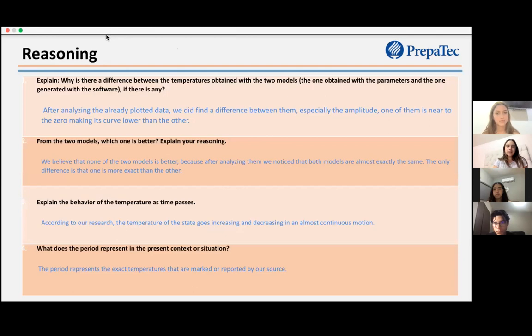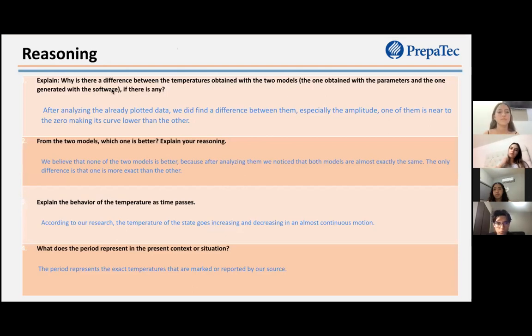After analyzing the already plotted data, we found a difference between them, as my partner already said, that it's supposed to be similar, but not exactly the same, because one curve is lower than the other. And we believe that none of the two models is better, because after analyzing them, we noticed that both models are almost exactly the same.